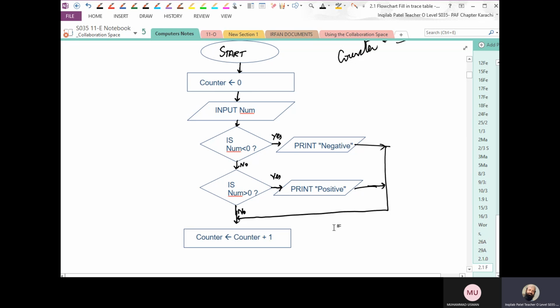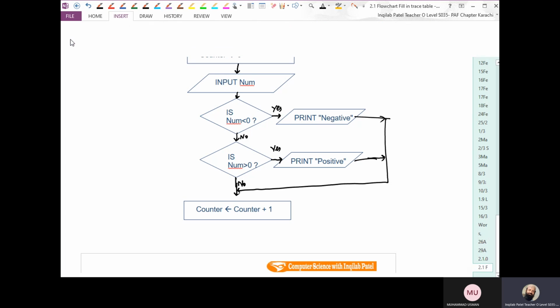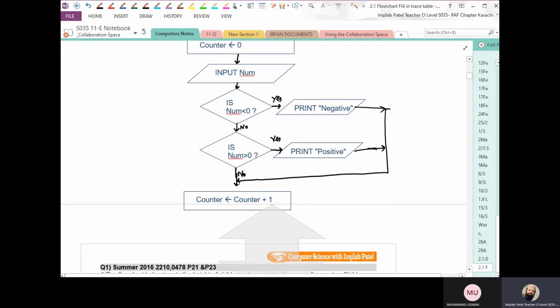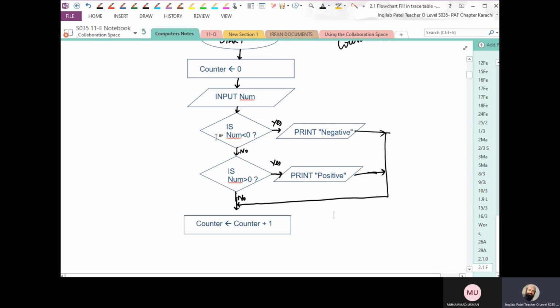Right, after incrementing the counter, we will check whether the counter equals 5 or not. If the counter is not equal to 5, then we will input another number. So we will use the same symbol over here.